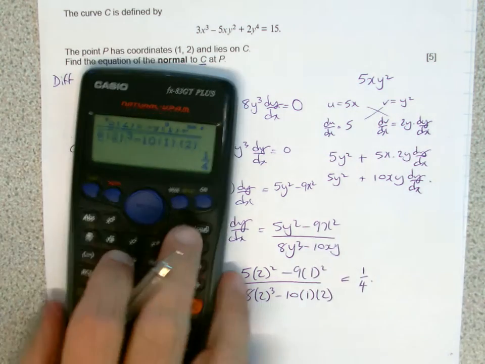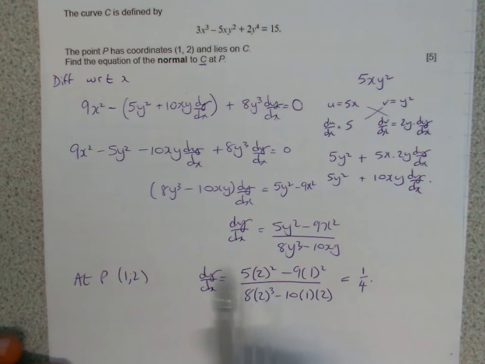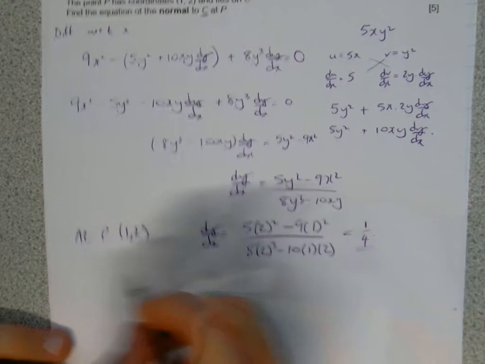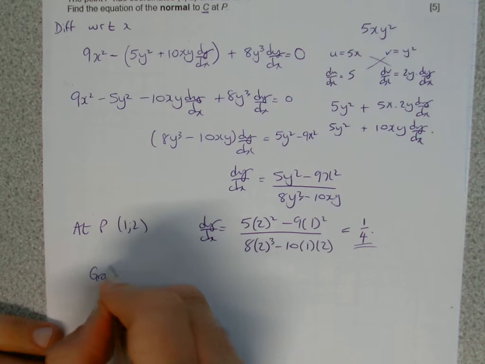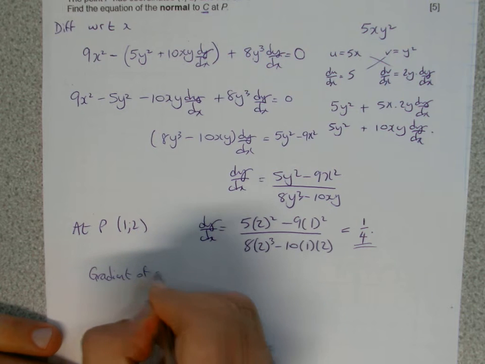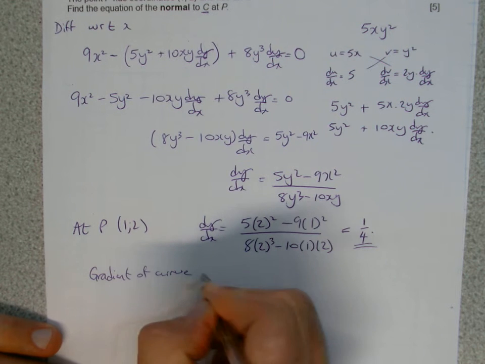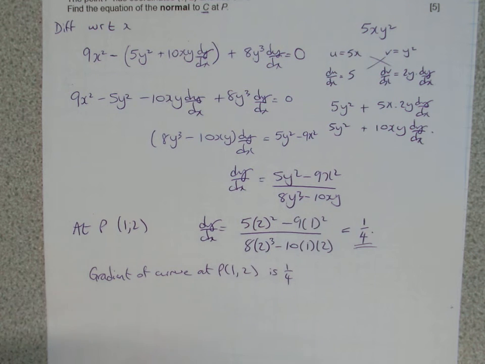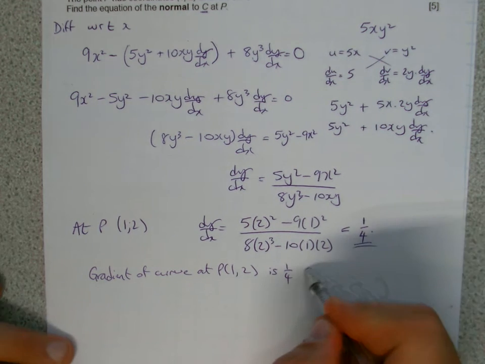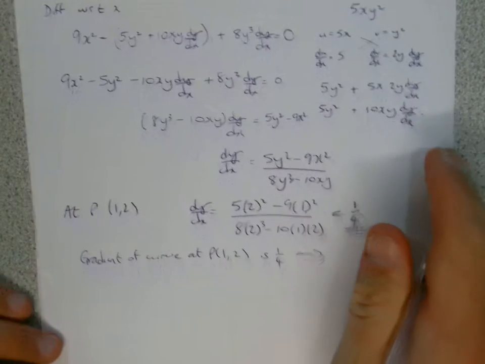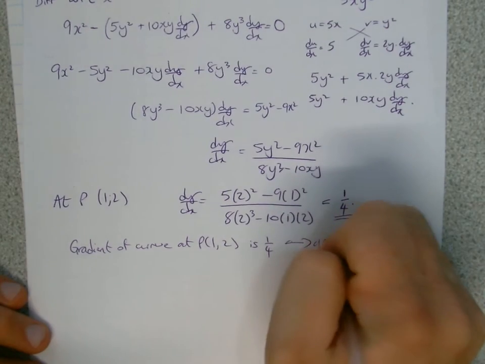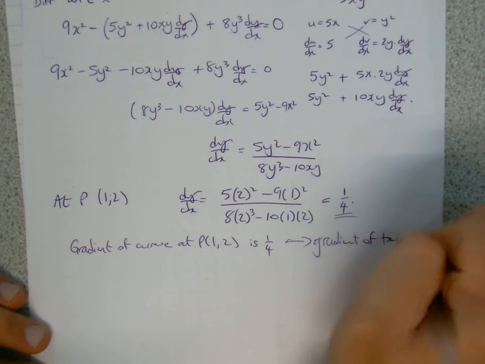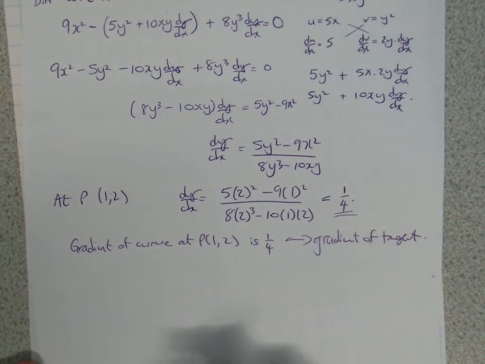Now that is the gradient of the curve at P. So the gradient of the curve at P is 1/4. But don't forget, the gradient of the curve is ultimately the gradient of the tangent. The gradient of the curve is the same as the gradient of the tangent. Now what's the question?